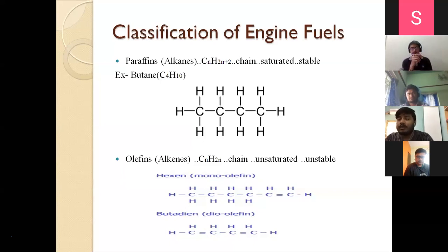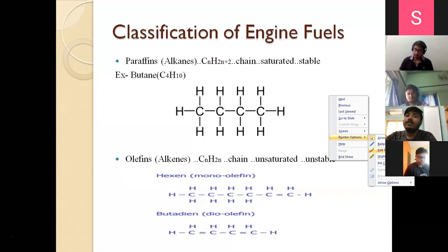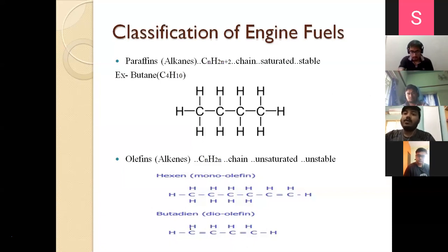Now put 4 in the formula and we get C4H6. So where is H6? That is 1C, 2C, 3C, and 4C. N is 4 for diolefin, but H will be 6: 1H, 2H, 3, 4, 5, and 6. Clear?